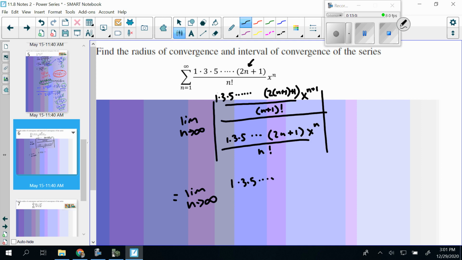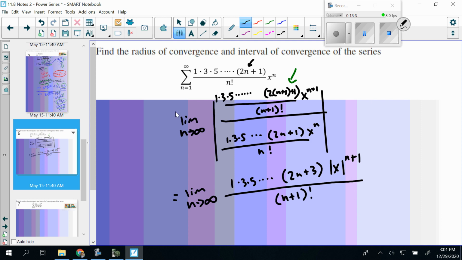I'm going to simplify what we got written here. If we distribute, that's going to be 2n plus 2. But we still have that additional plus 1, so it's going to end up being all the way up to 2n plus 3. We got our absolute value of x to the n plus 1 all over our n plus 1 factorial.